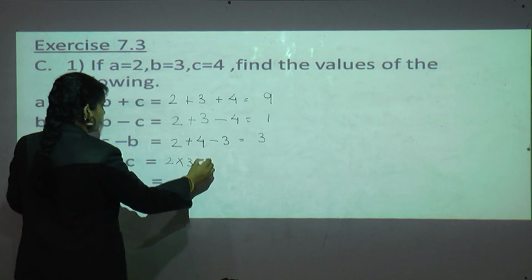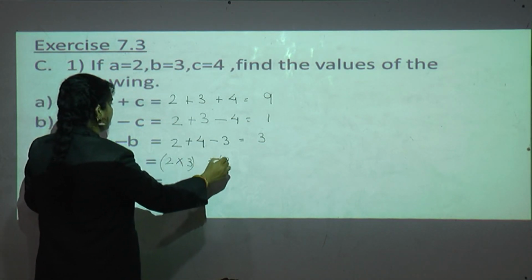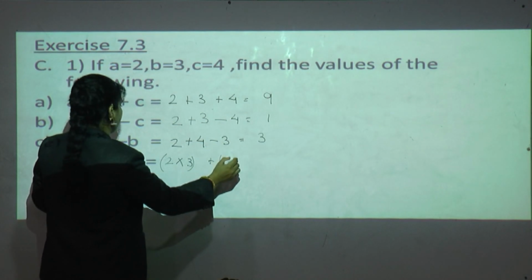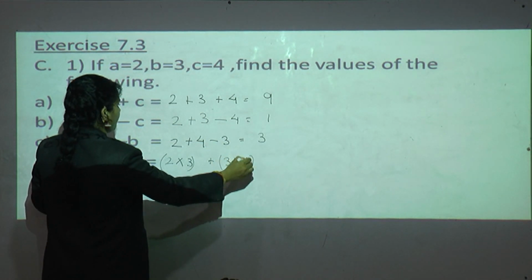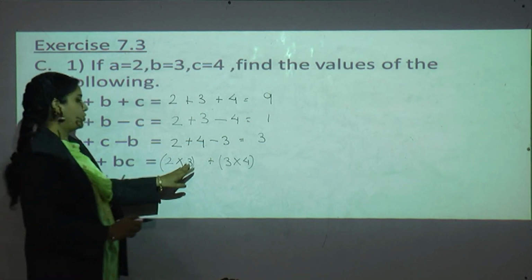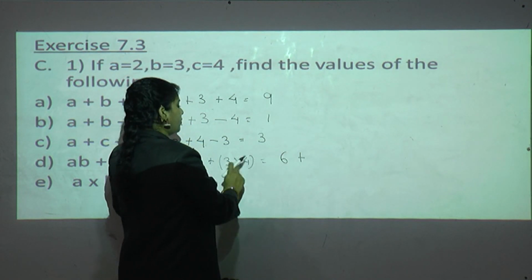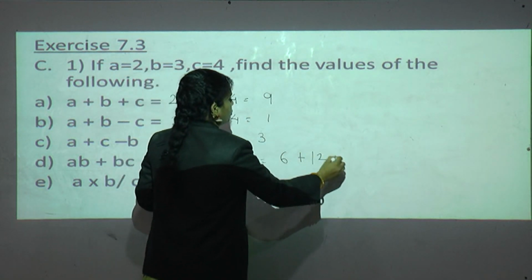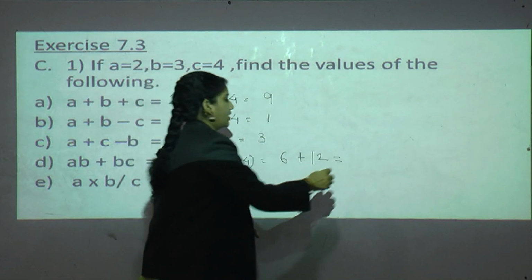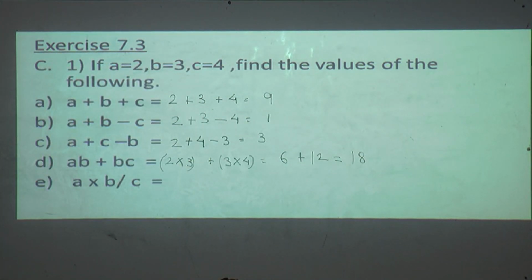Now here addition. Here B is 3 and C is 4. Now do the calculation, students. 2 into 3, 6. And here 3 into 4, 12. So 12 plus 6, 18. Okay. So this one is the answer.